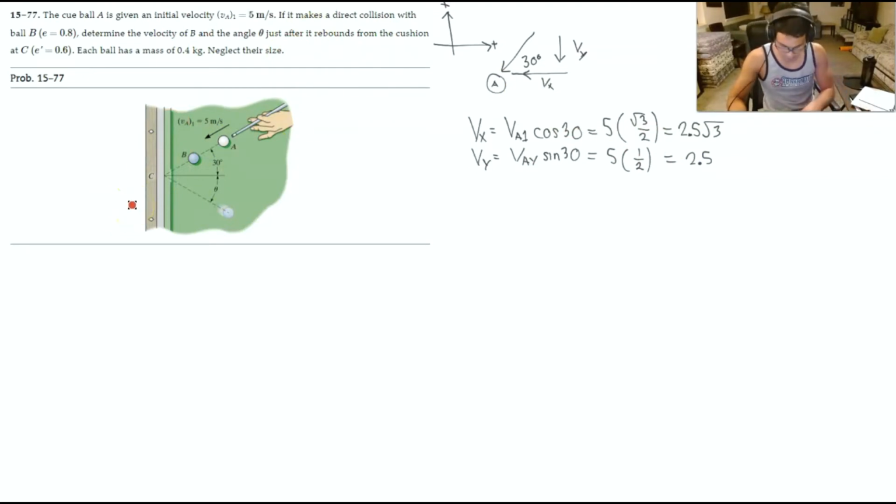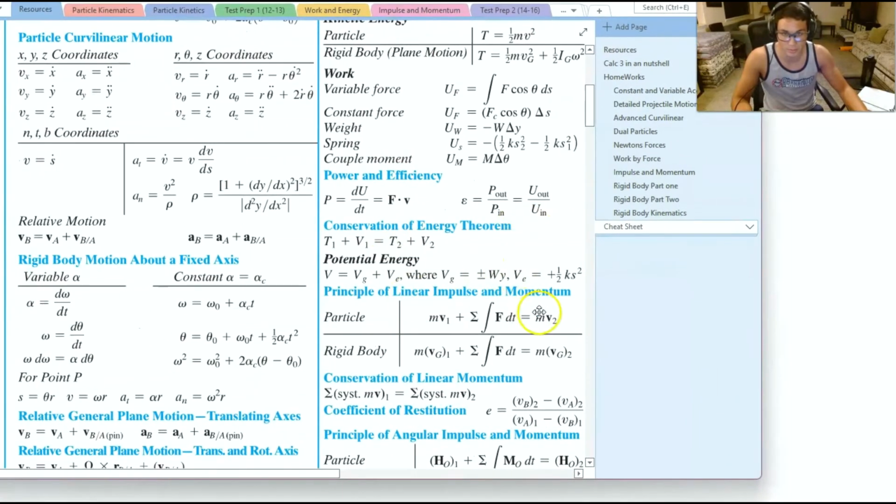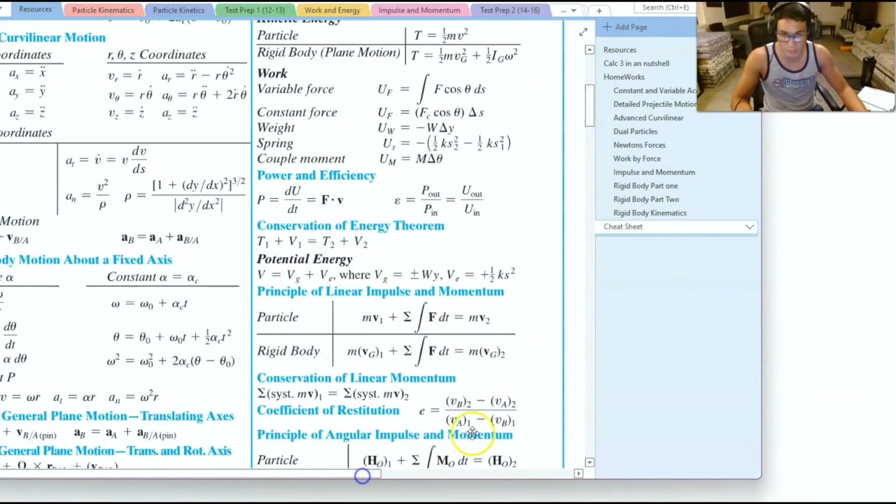So we know that VBx1 is equal to VBy1, which is equal to 0, right? It's initially not doing anything. So if we pull up our formula sheet here, hopefully you guys can see this right here. So we see that we're concerned about this stuff, right? And we're going to use this formula, and I'm going to copy it down.